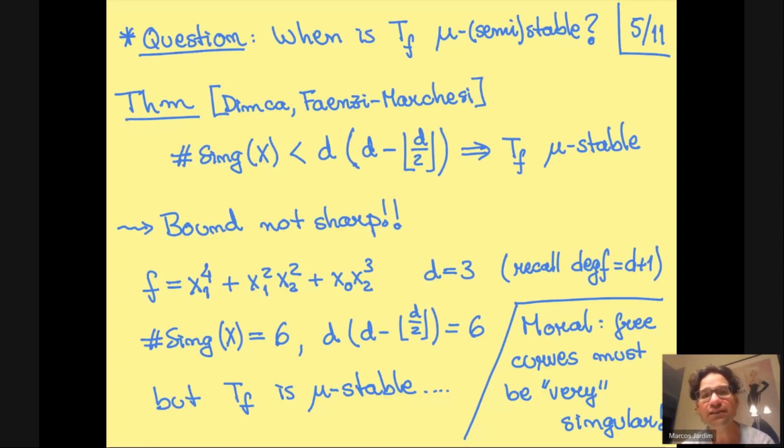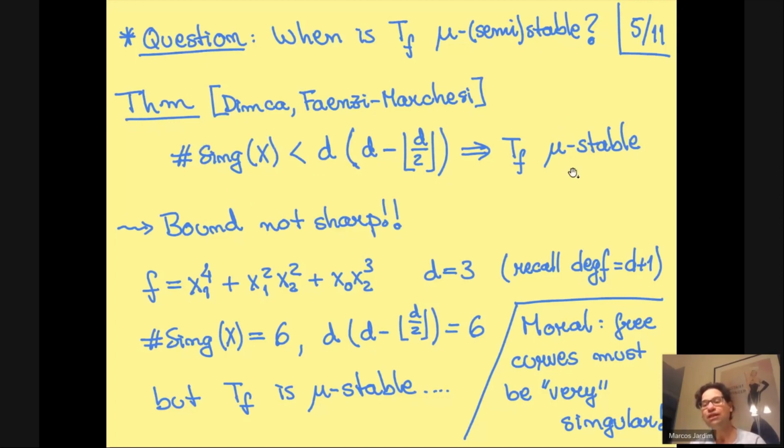And they say that suppose a curve only has isolated singularities. So if the number of singularities counted with multiplicities is small compared with the degree, and this is the precise formula here for the degree, then the log sheaf is mu stable.